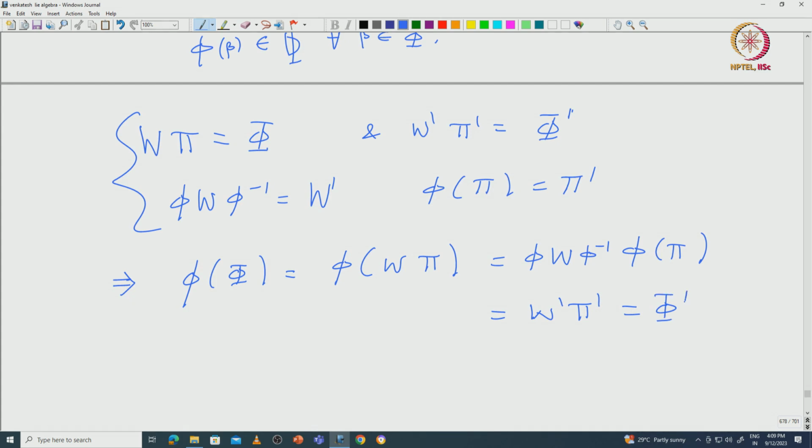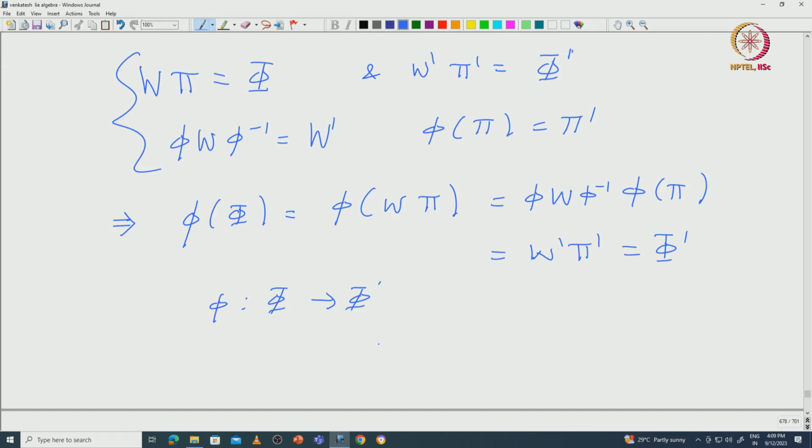So this proves that π maps Φ onto Φ'. Since π is an isomorphism, π restricted to Φ must be injective, so this gives you a bijective correspondence between Φ and Φ'.